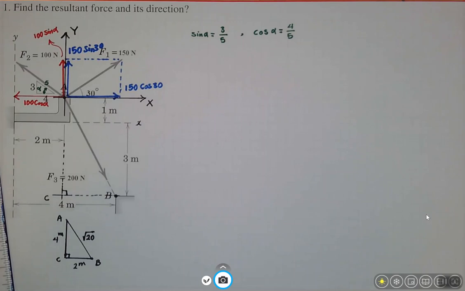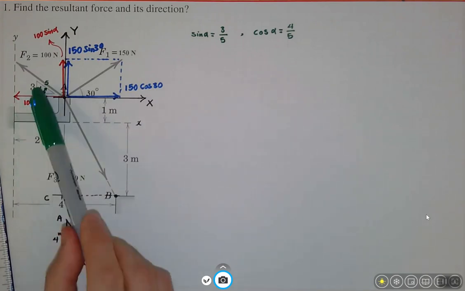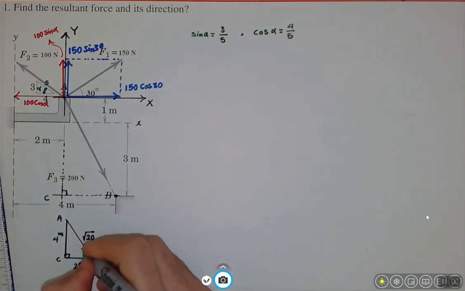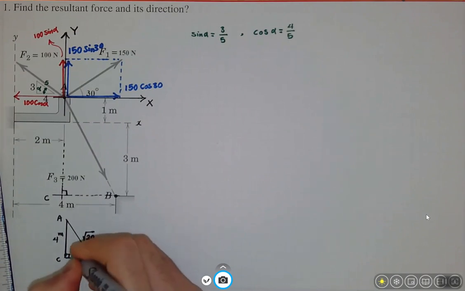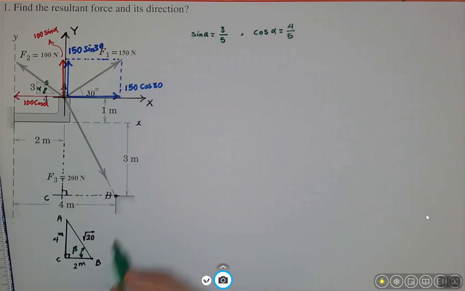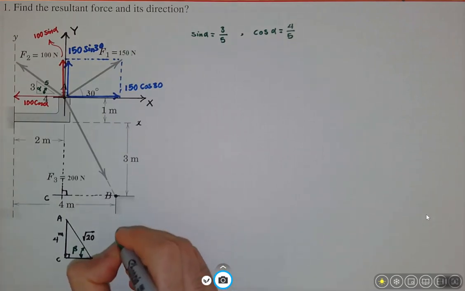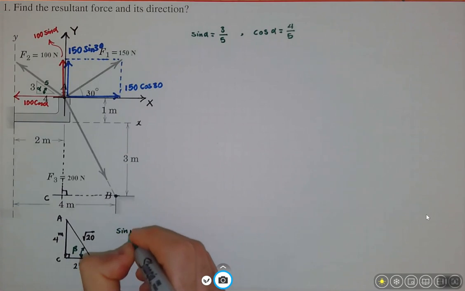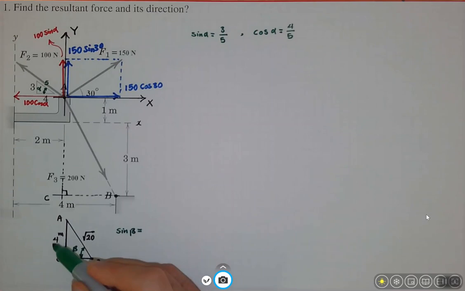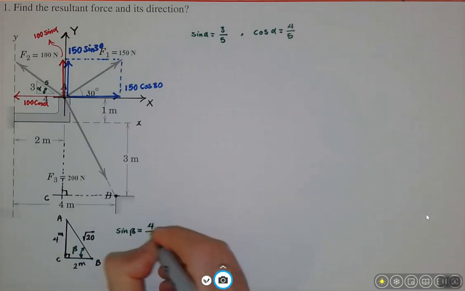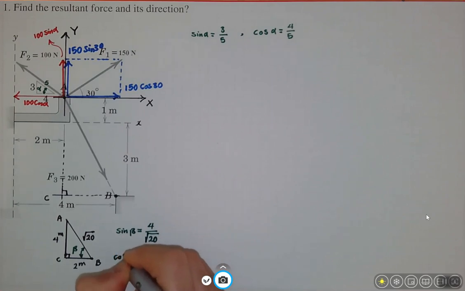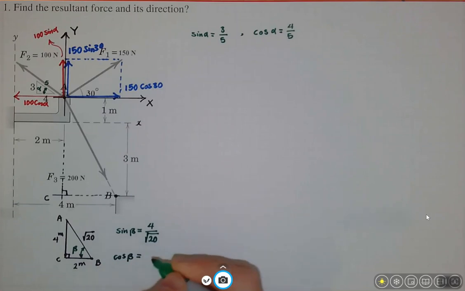And similar to what we did for that little triangle, let's call this angle beta. Sine beta is 4 divided by the square root of 20, and cosine beta is 2 divided by the square root of 20.